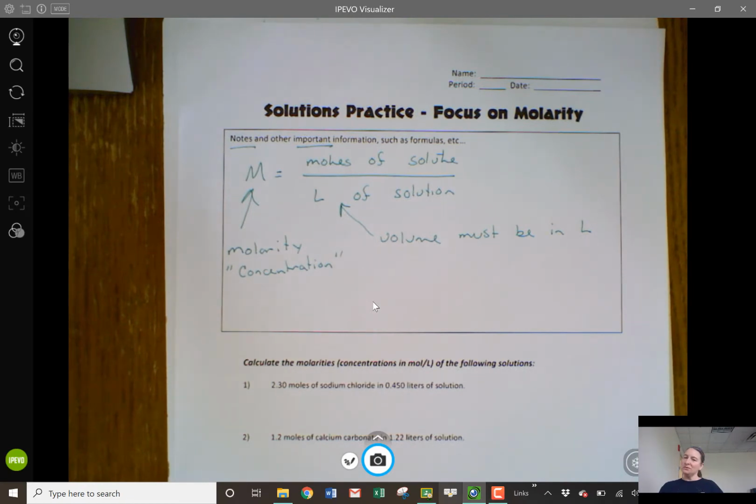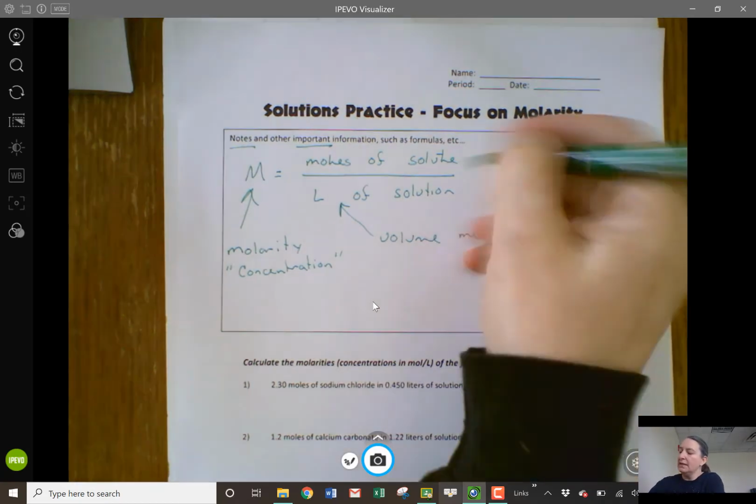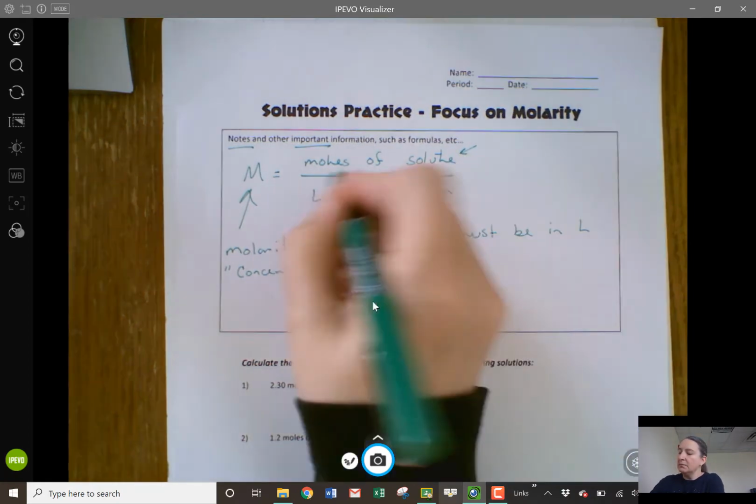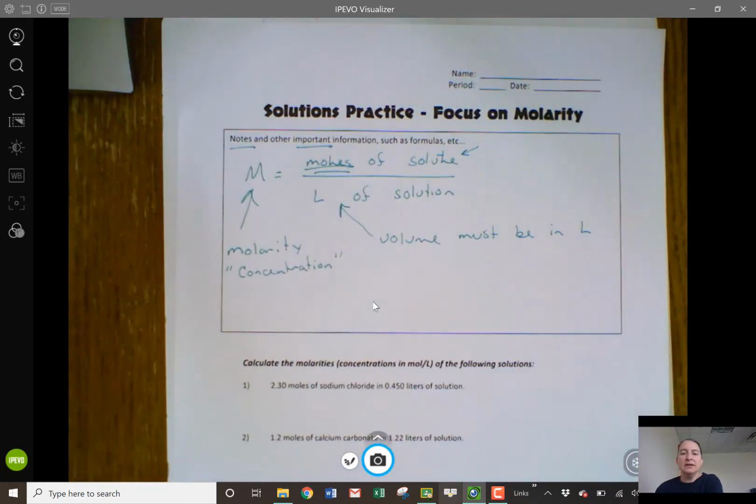The solute actually takes up some of that volume, so it's the total volume of the solution. And then the solute, which is what's being dissolved, has to be in moles. So if you're given grams, you're going to have to use molar mass to figure out the actual number of moles that you have.